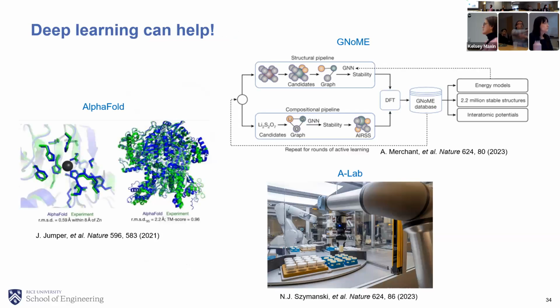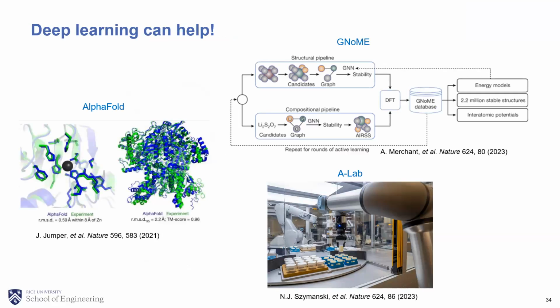So to solve the three major challenges for the conventional ellipsometry, we think deep learning could help. Deep learning recently has shown its great power in solving scientific problems. For example, we all know AlphaFold has done an excellent job in solving the protein folding problem, which is a long-term challenge in the field of biology. And very recently, deep learning also shows its power in solving material science problems.